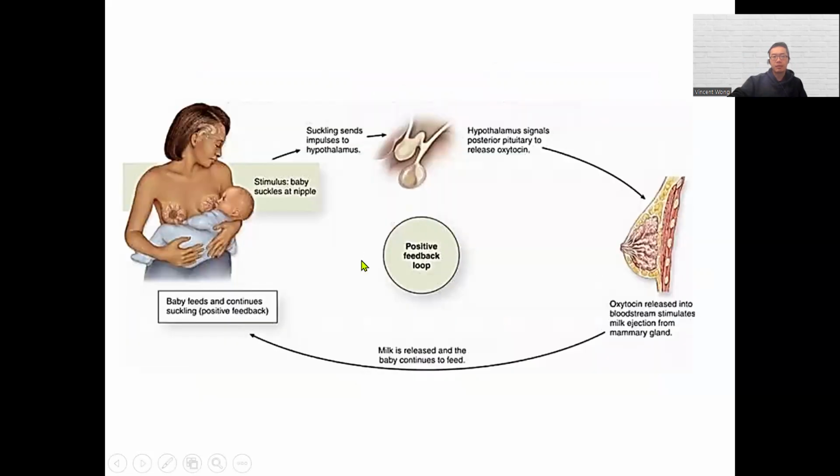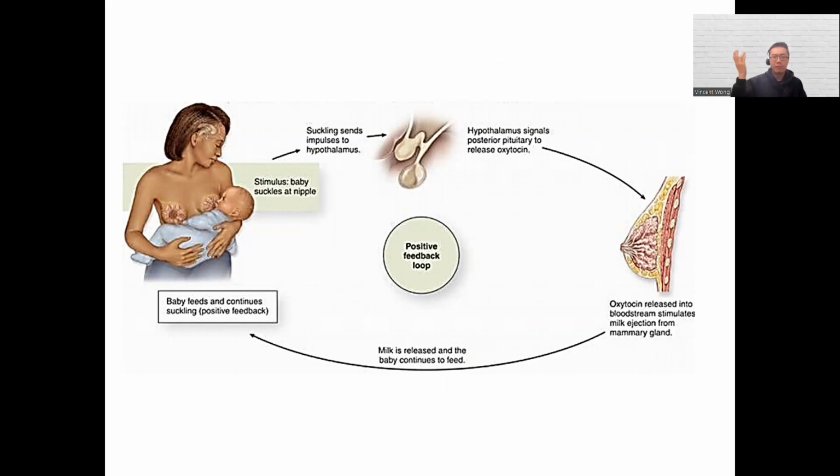Similarly, when feeding the baby, you don't want the milk to stop until you finish feeding the baby, I guess. And so it also creates a positive feedback loop. Now it's interesting because it's not just the physical sucking action of the baby that would trigger the letdown of the milk.